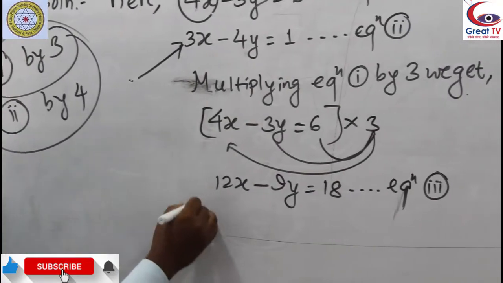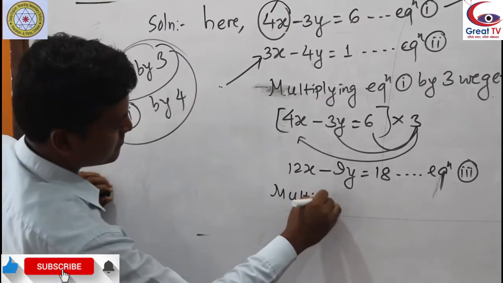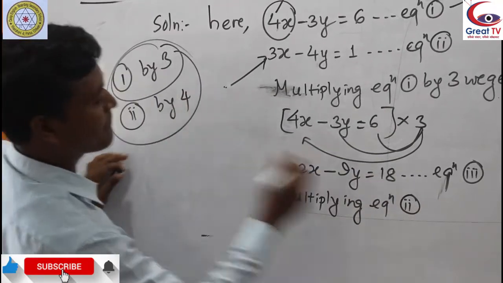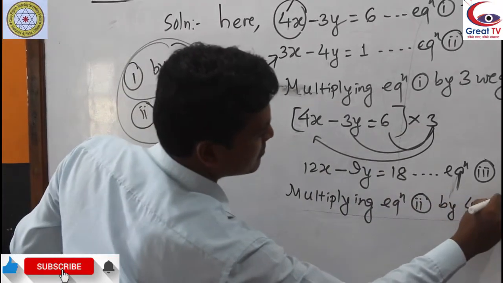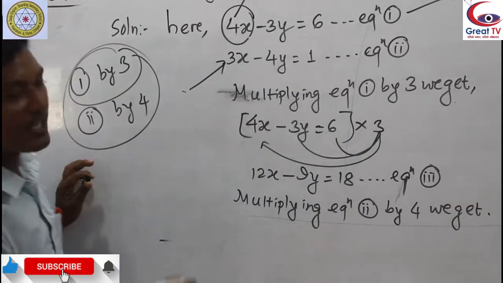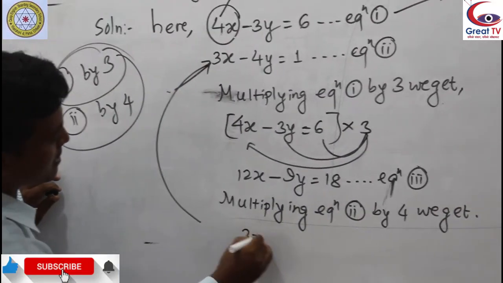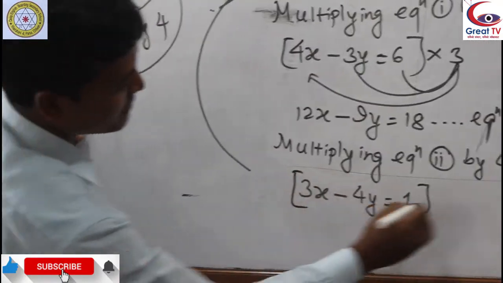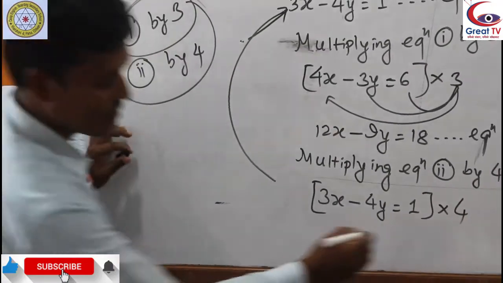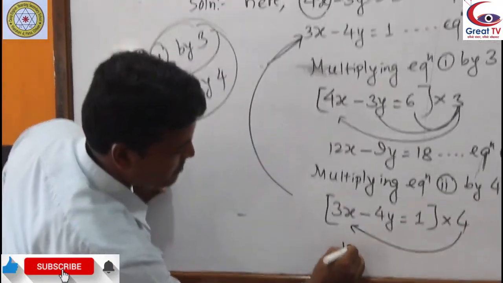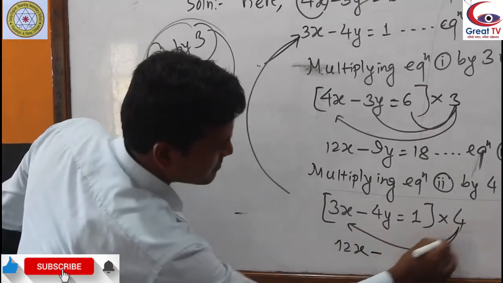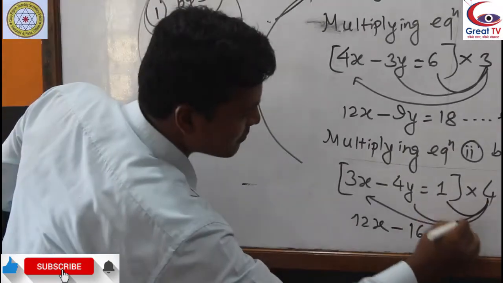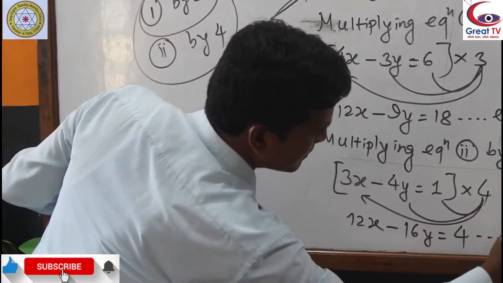Again, one more thing: multiplying equation second by 4, we get, second means this one, 3x minus 4y equals 1. We are multiplying this by 4. Okay, 4 times 3x is 12x, minus 4 times 4y, 16y, equals 4 ones are 4. Equation 4.